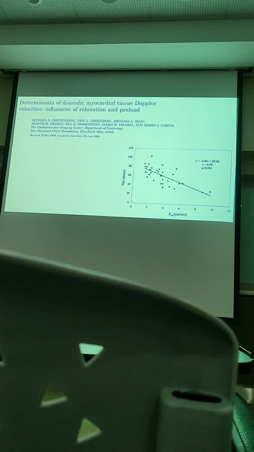That's how he was able to assess the LV relaxation by echo. This was in 2000. Because of this, we are now able to study the diastology or the LV relaxation by echo.